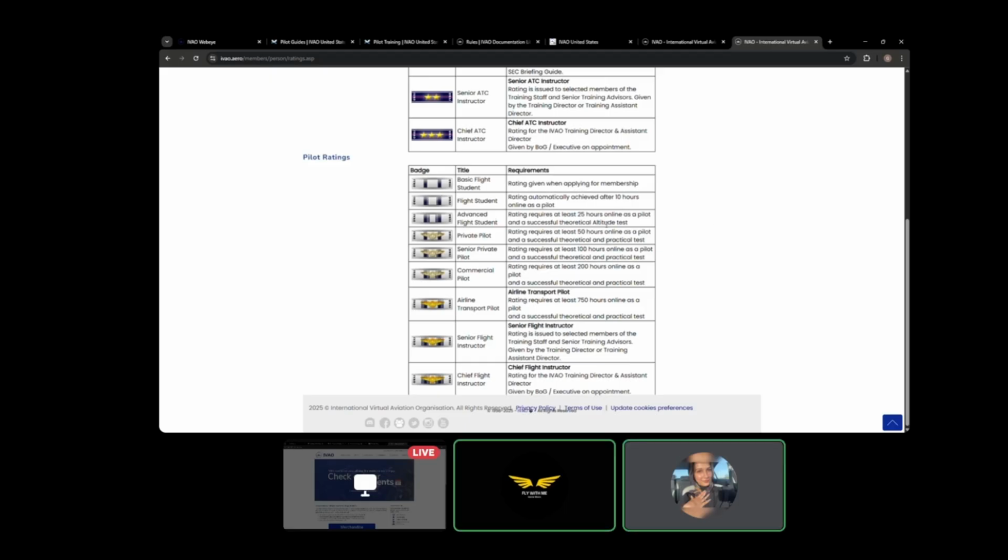To do that, you need to have 25 hours on the network online as a pilot. And then for the private pilot, you need to have 50 hours, and then it keeps going. By the way, the senior private pilot would be equivalent to the IFR rating in real life.